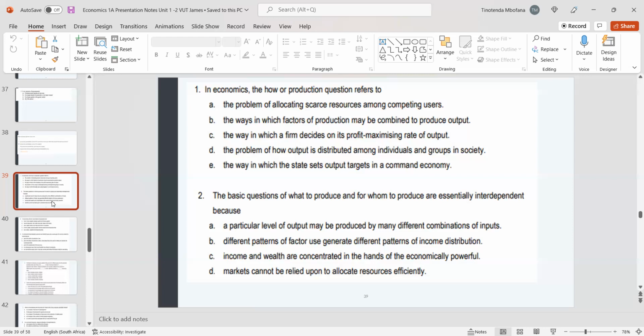Then number 2 says, the basic questions of what to produce and for whom to produce are potentially interdependent because, right? Why are these 2 questions interdependent? Remember, if you are saying this is what I want to produce, someone has to be available to purchase or consume that.